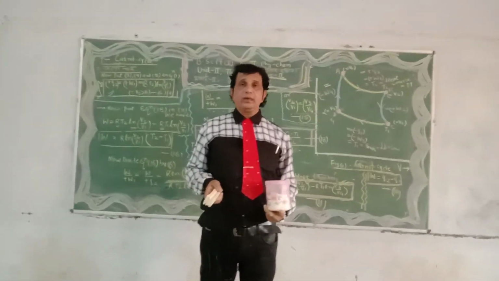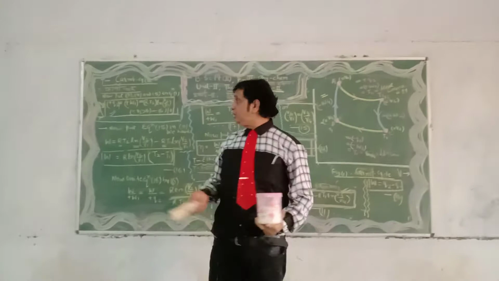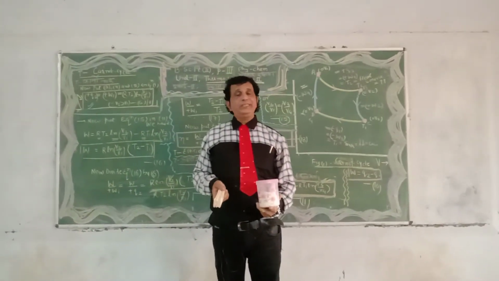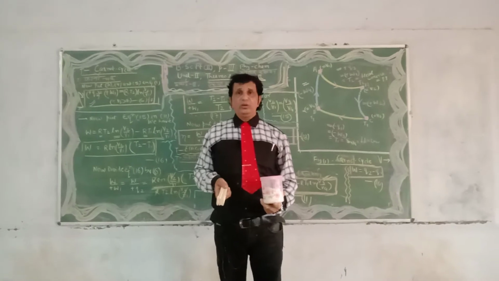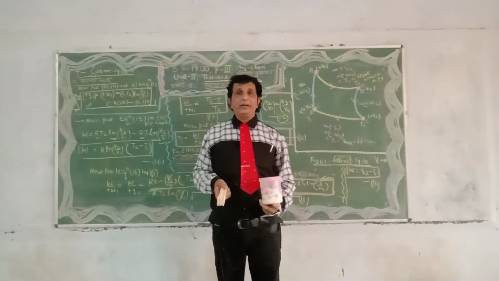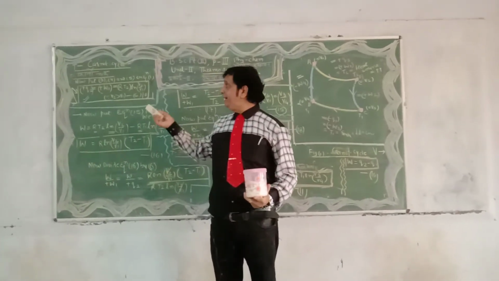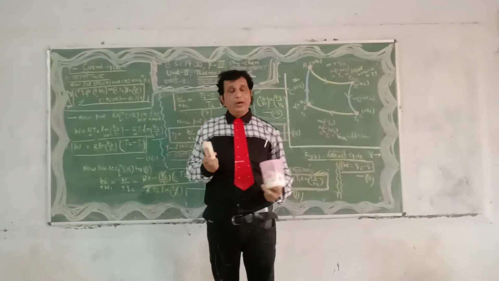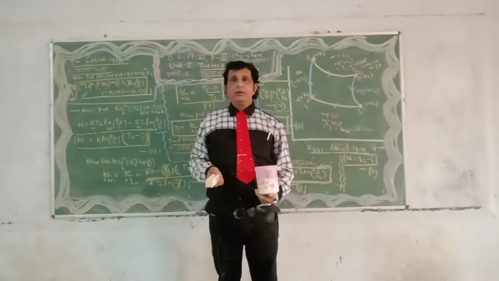Dear students, I will deliver today the lecture on Carnot cycle, which is taken from BSc Part 2, Unit 2, titled Thermodynamics 2. Dear students, various postulates regarding the Carnot cycle we have explained in the classroom.